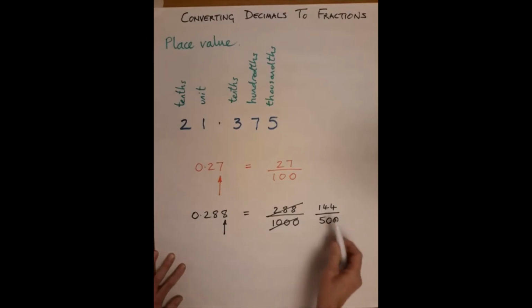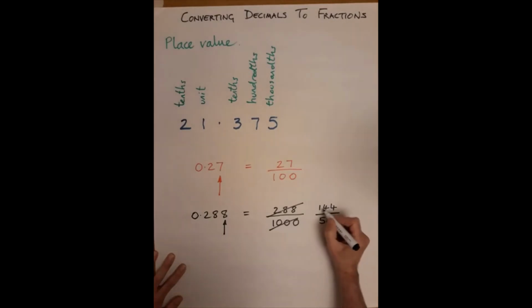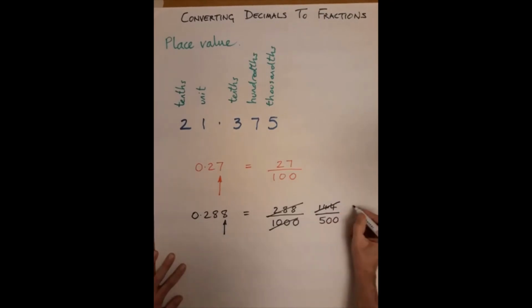Once again, we've got an even number top, even number bottom. I can divide by 2 again. And 2 into 144 goes 72 times. 2 into 500 will go 250 times.